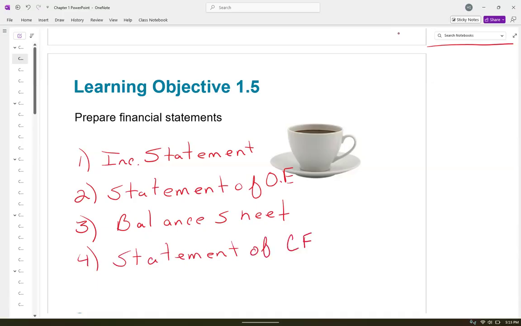We will not actually do a statement of cash flows until we get to Principles of Accounting 2. Right now, what I want you to know is that it's the 4th financial statement. Okay, but I'm not going to ask you to do one on a test. Not right now, anyway. We got a couple of months before we get to statement of cash flows.